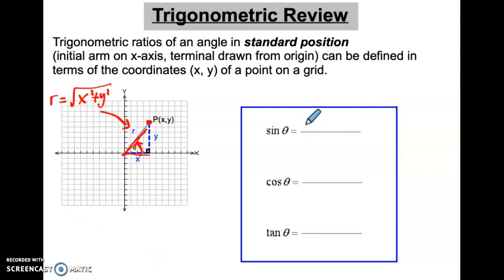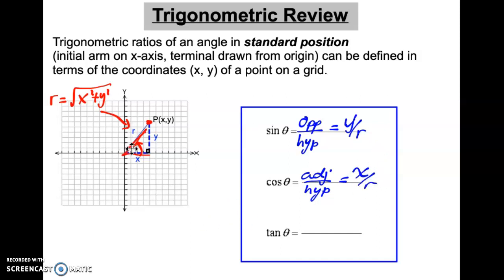So if we wanted to find sine, sine is going to be opposite over hypotenuse, which looking at the x, y, and r, that would be y over r. Cosine of theta is adjacent over hypotenuse, which looking at our x, y, and r, the adjacent side is x, the hypotenuse is r, so x over r.